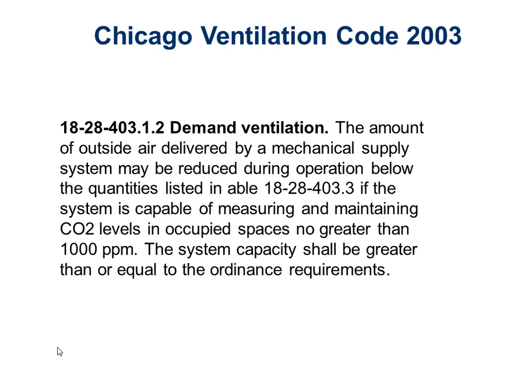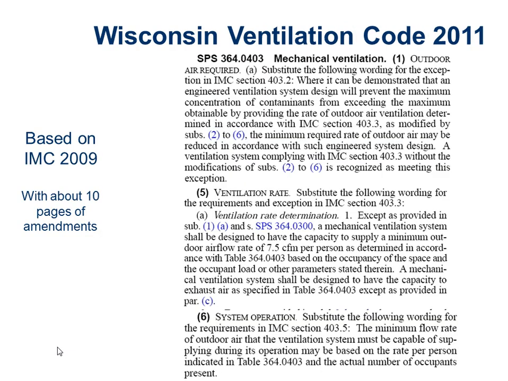So I can't let the indoor space ever go above 1,000 parts per million, whereas if I was following ASHRAE or IMC in the suburban locations or other states, chances are I'd end up with a set point of 1,100 to 1,200 in that range. So the city of Chicago is a little bit more conservative, but nonetheless it does allow us to do it, which is kind of nice because as you know from most city of Chicago codes, we're usually behind the national stuff. In this case, the city was progressive and ahead of the national stuff.